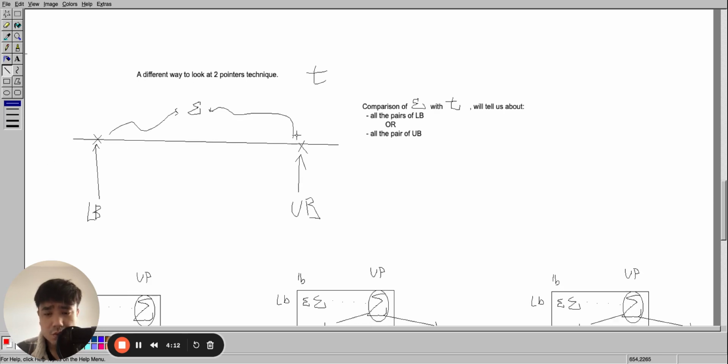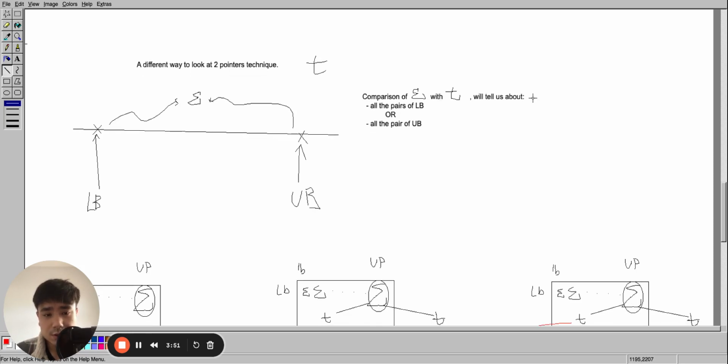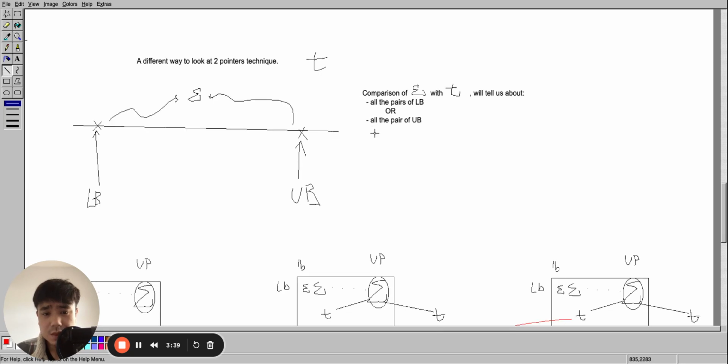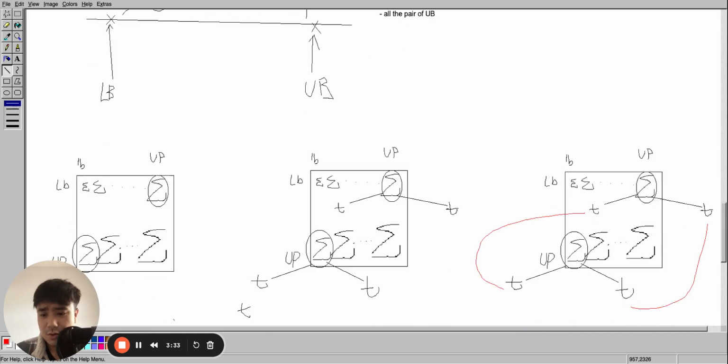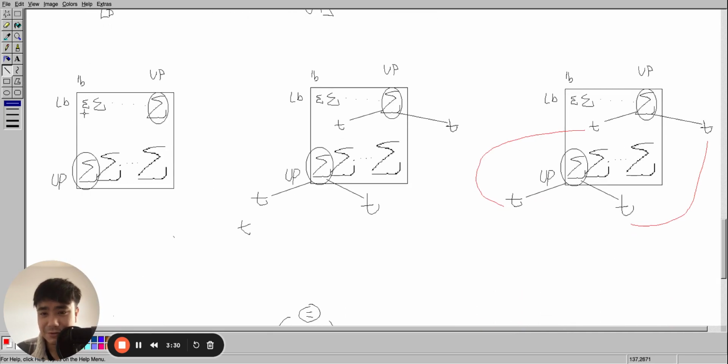When the array is sorted and you compare the summation of lower bound and upper bound values with t, the comparison of sigma with t tells us something about all the sigmas that can be made with LB, or, I'm going to simplify this, all the pairs of LB and all the pairs of upper bound. I'm not sure if I explained that well, but okay.